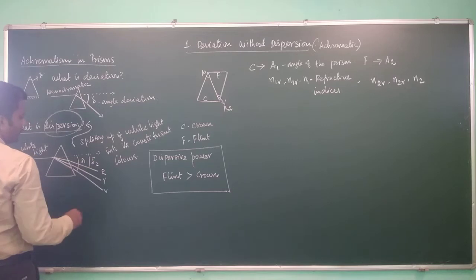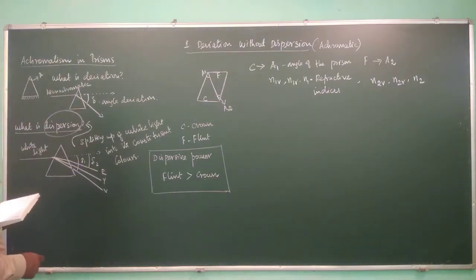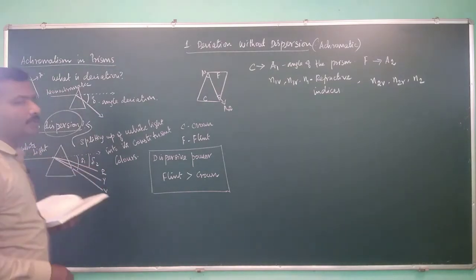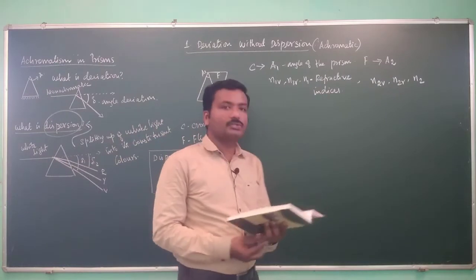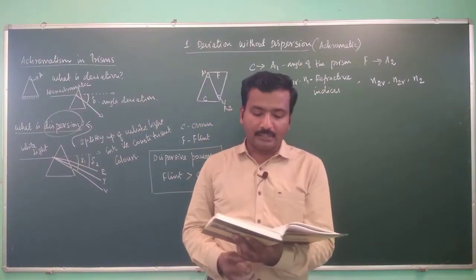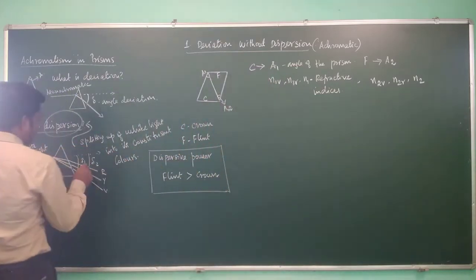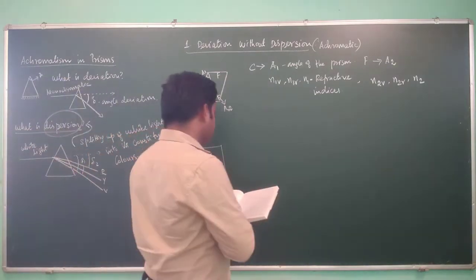If you want the angular dispersion between violet and red, we need to take the difference between the angles of deviation of these two colors. That difference in deviation for any two colors is called angular dispersion, right?